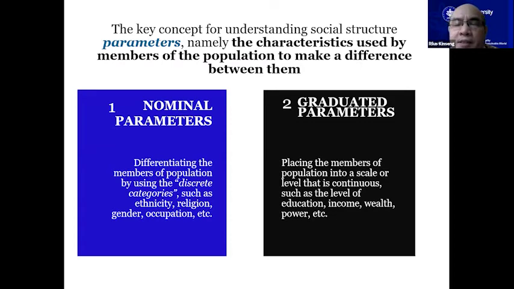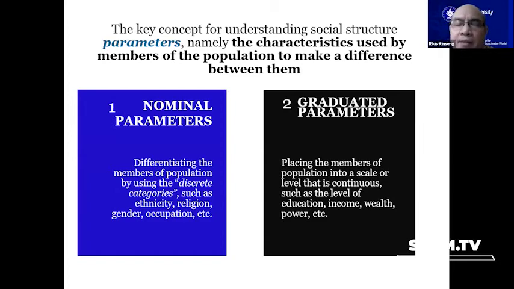While graduated parameters place the members of a population into a scale or order, a rank hierarchy or continuous levels, such as level of education. So education is higher, middle, or lower, or income, higher income, middle income, and lower income.